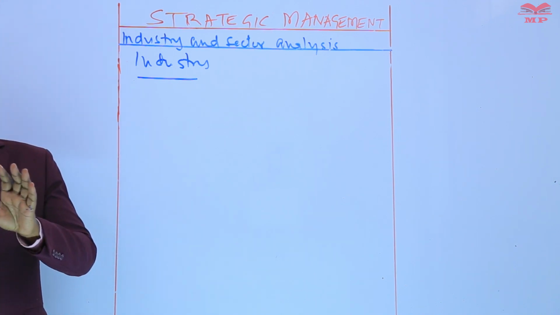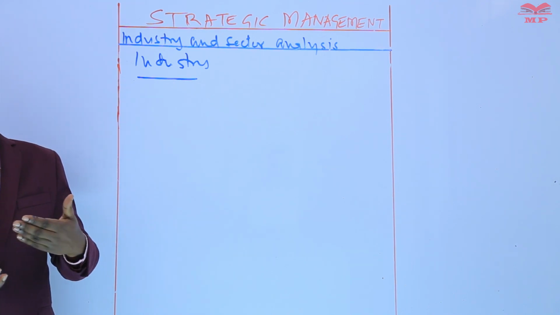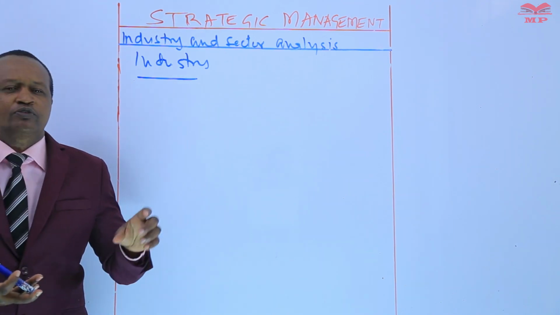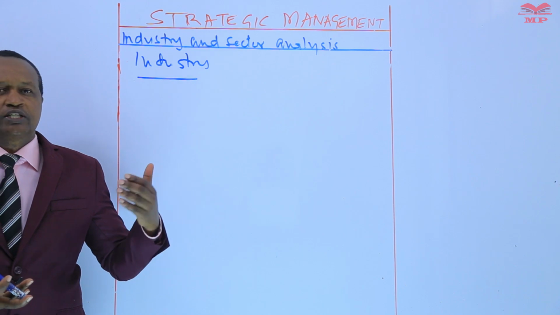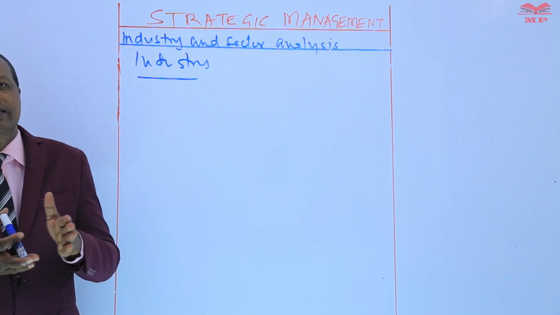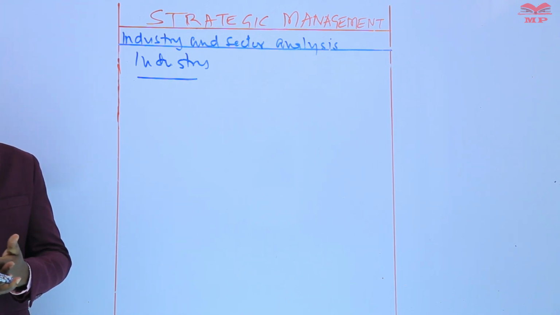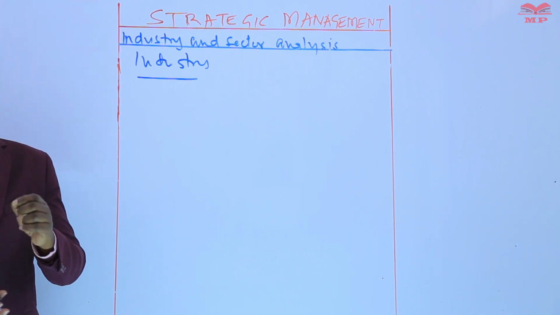This analysis provides valuable insights into the factors that influence profitability, growth potential, and also the competitive positioning within the industry. So what are some of the key components of industry analysis?